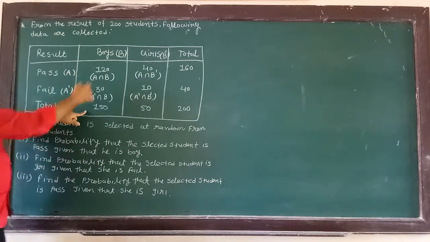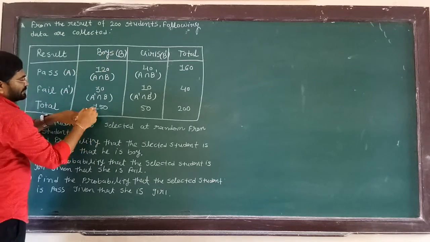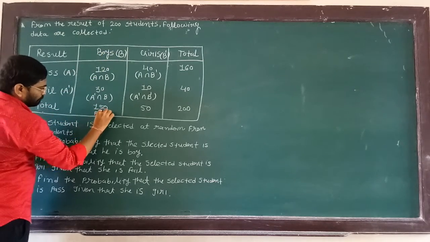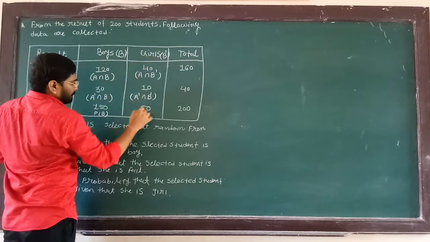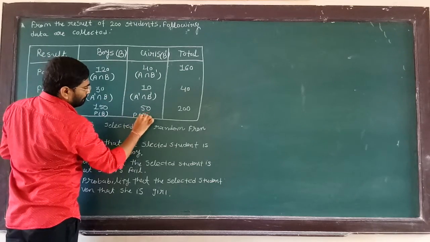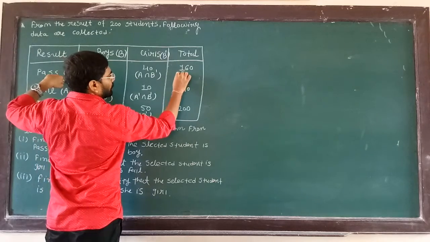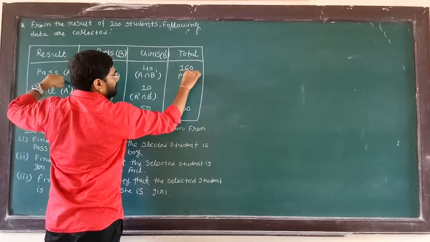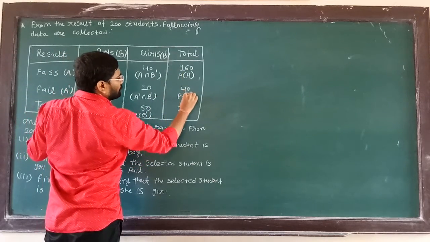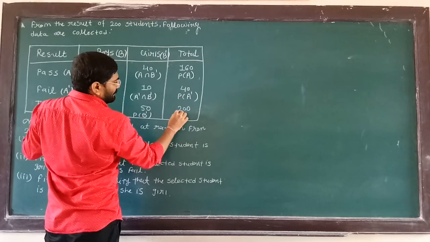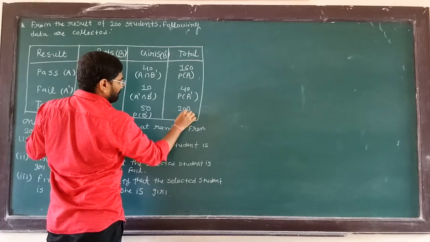Now in total, the column of boys is P of B, girls is P of B dash, passing is P of A, and here P of A dash. Same as here is N.